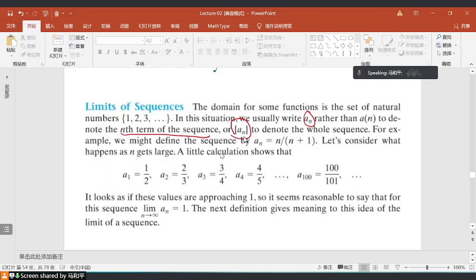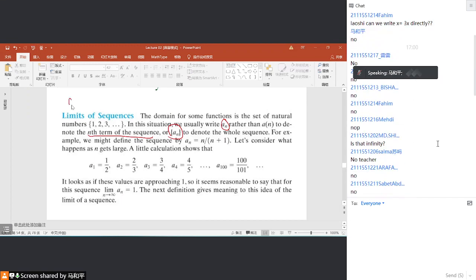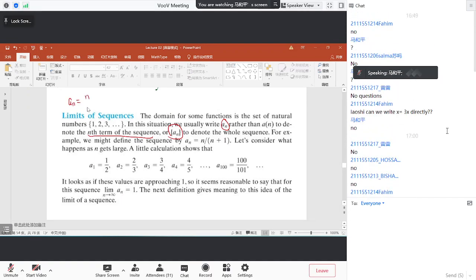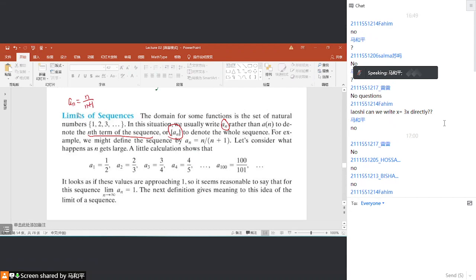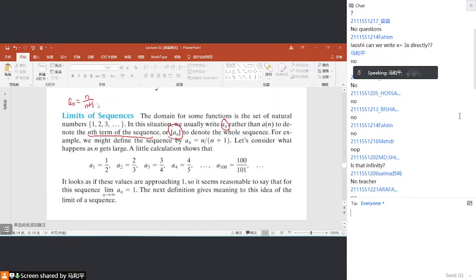For example, we might define the sequence by a_n equals n over n plus 1. Now n is 1, 2, 3, and so on.